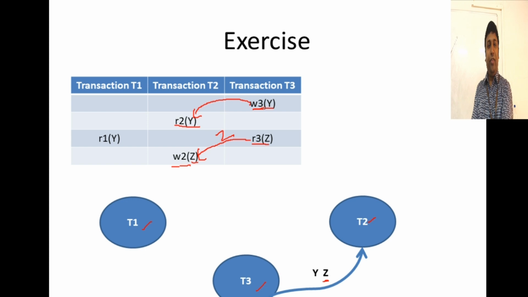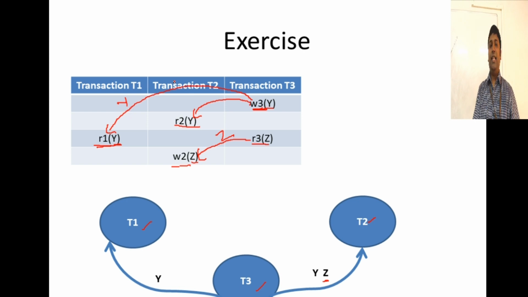Is there anything between T3 and T1? You have a W3 of Y here and you have a read of Y. So both of them are accessing Y, but one is a write operation, so conflict. And this is happening later, so you should have an edge between T3 and T1. So T3 and T1 on which item? Y. Is there any conflicting operation between T2 and T1?